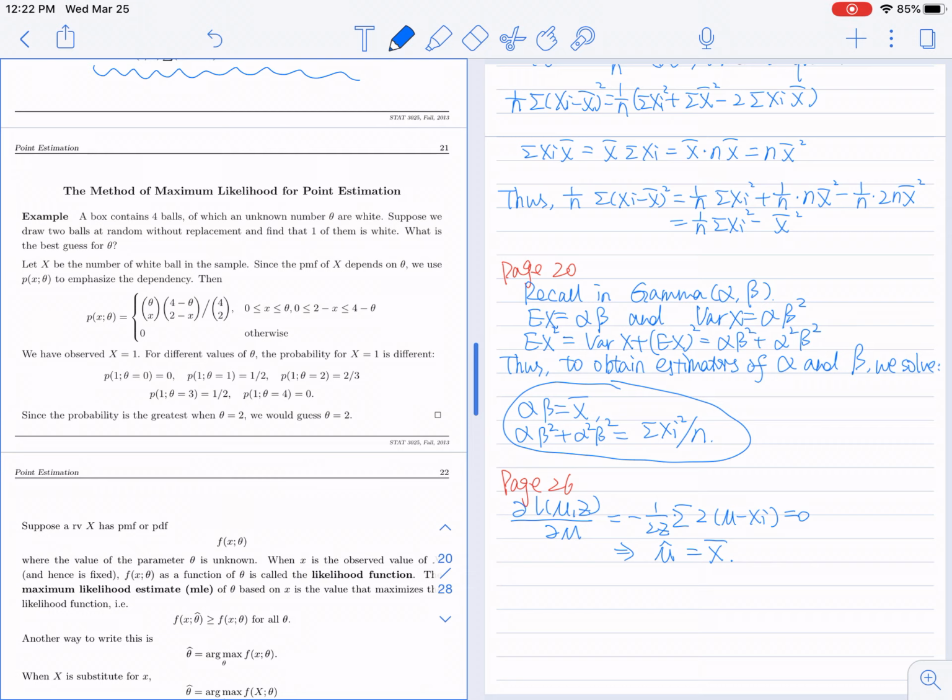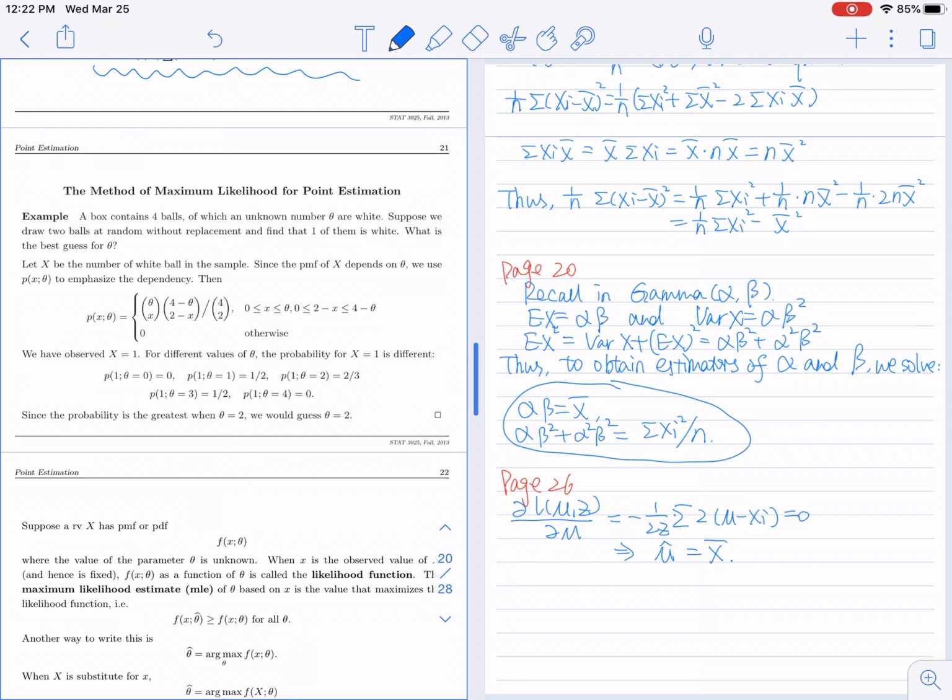So how do we choose among those 5 values of theta? We choose the one that makes the probability largest. That is to say, 3/3 is the largest probability among the 5 probabilities, and theta equal to 2 is what makes the probability the largest. So a reasonable guess is that theta is equal to 2.